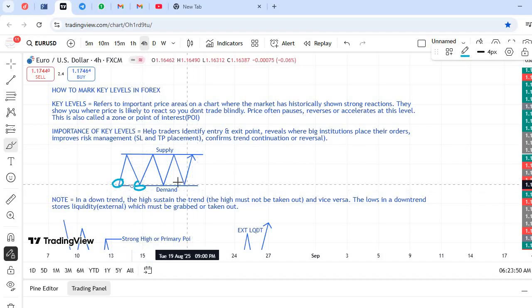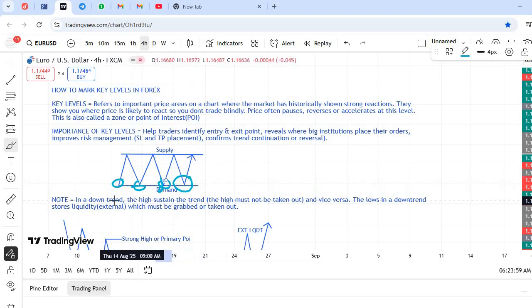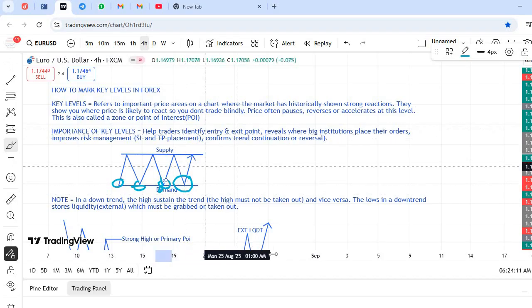Can you see? Bounce back, came to test it again and bounce back. Price has come to test this level that number of times, and whenever it gets to this demand, price couldn't break out of this demand.